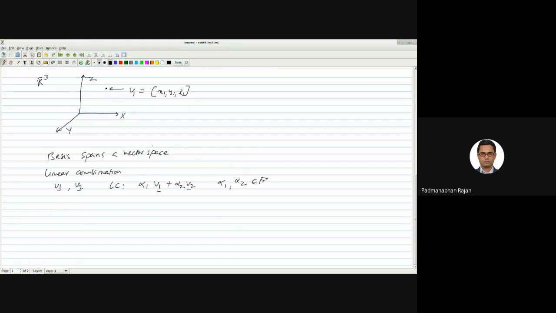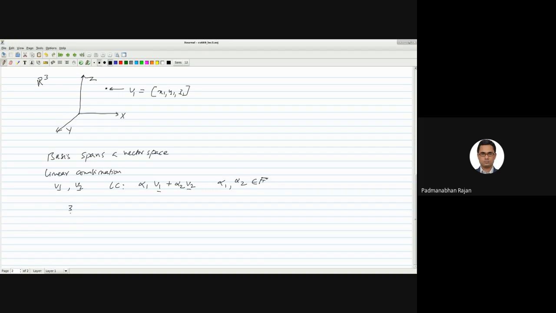So for example, a linear combination in terms of the space R3 would be, let's take two vectors from R3, maybe (3, 1, 7). I'm writing them as column vectors now, but in principle it can also be a row vector. And (2, 1, 0).